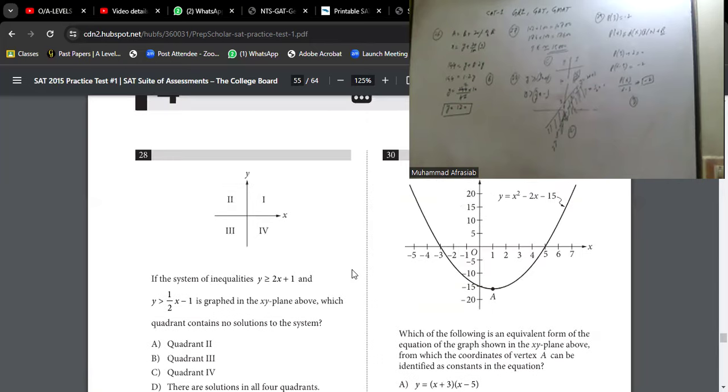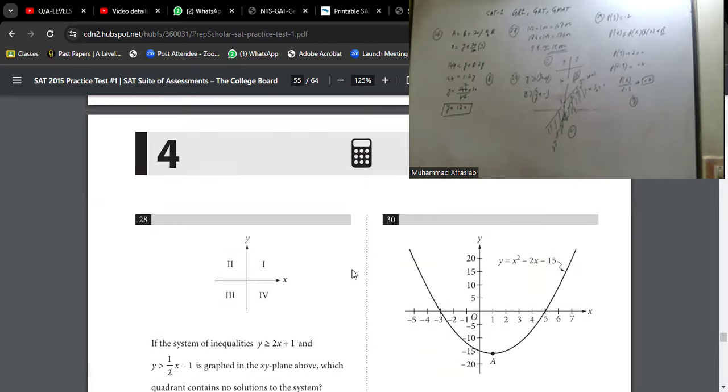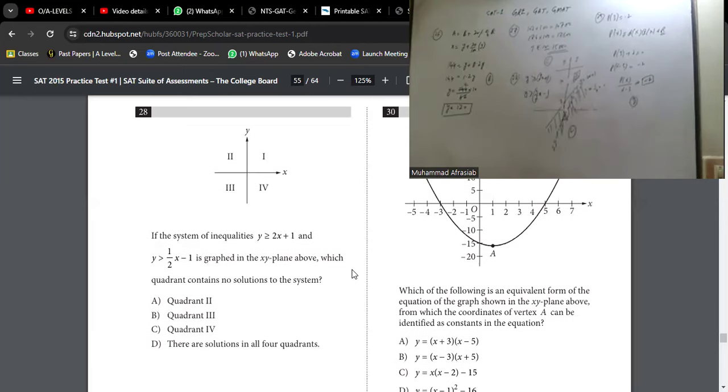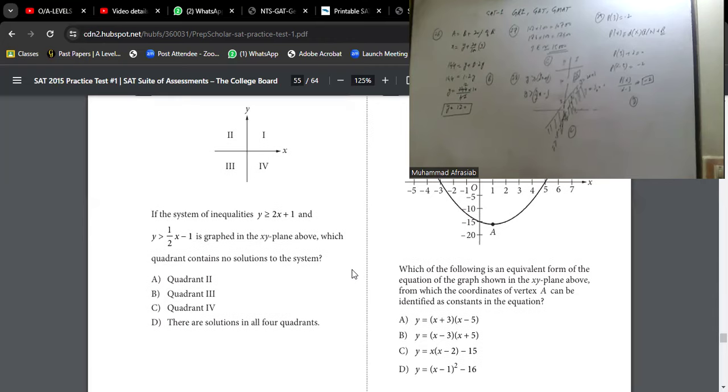Now question number 30. The graph is shown like this. y is equal to x square minus 2x minus 15. Which of the following is an equivalent form of the equation of this graph shown in the xy plane above, which has the coordinates of this vertex A identified as a constant in the equation?